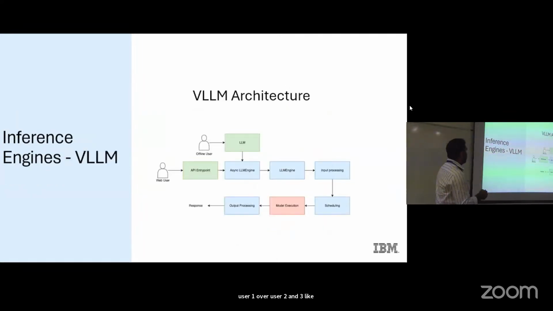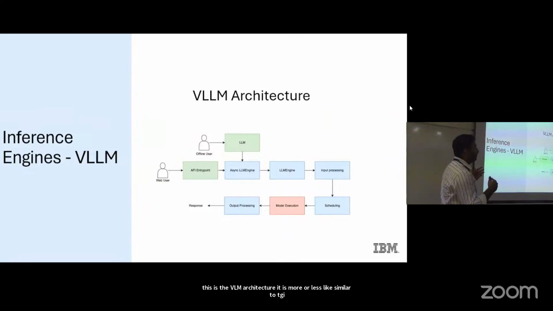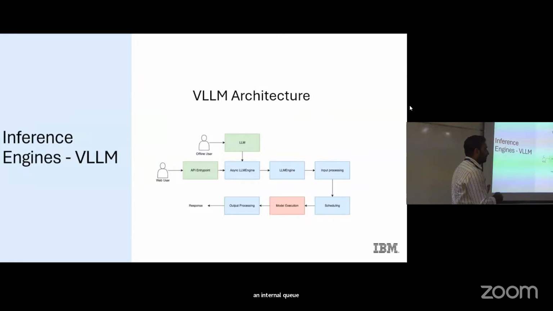And this is the vLLM architecture. It is more or less similar to TGI, where it also has an inference server, an internal queue, a scheduler, and the GPU processing part.